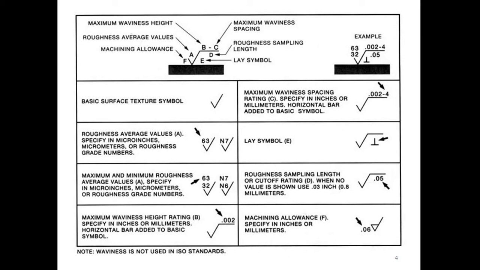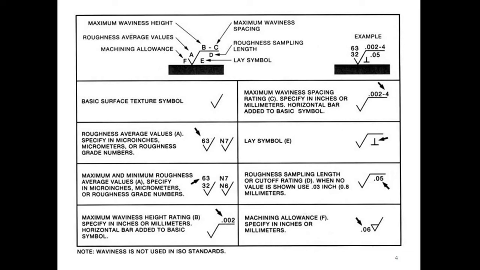Next, the maximum waviness spacing rating C, specified in inches or millimeters, with a horizontal bar added to the basic symbol, that is 0.002/4.